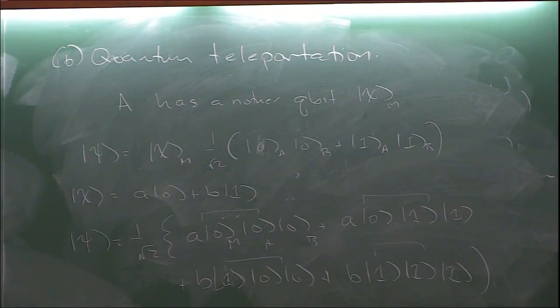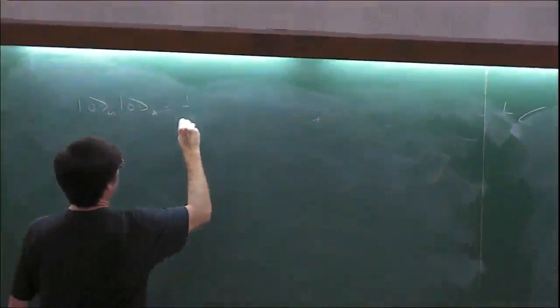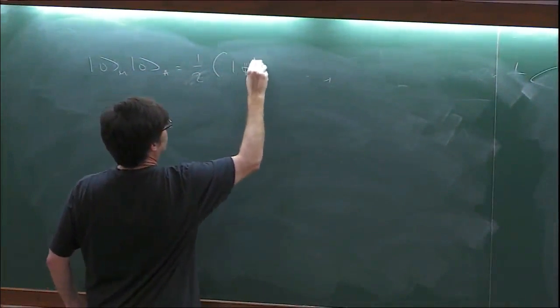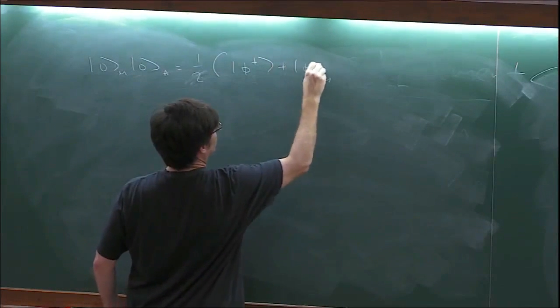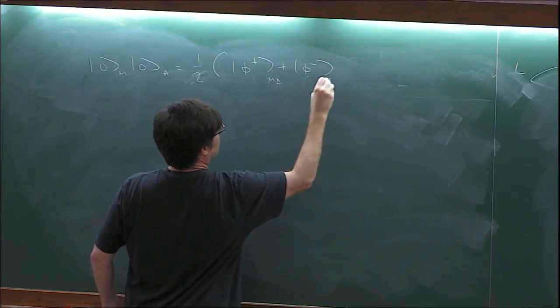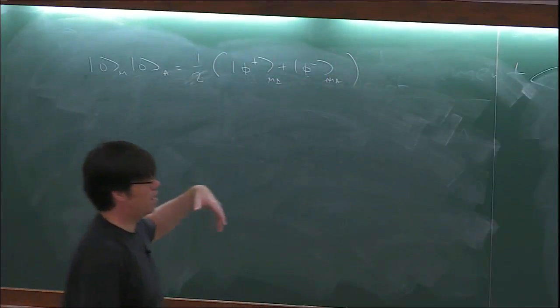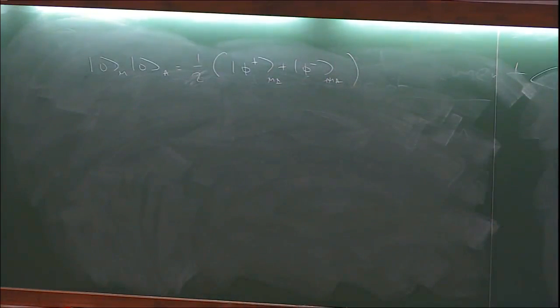In particular, using, for example, that |0>_M |0>_A is equal to 1 over root 2 times (phi plus plus phi minus), where these are entangled basis vectors of the Hilbert space of the message bit and Alice's bit.